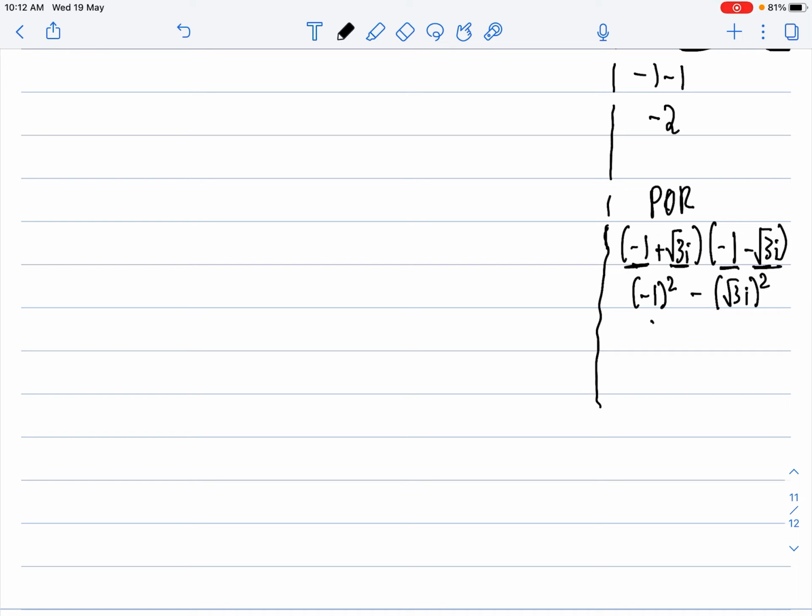So I can write this as 1 minus root 3i the whole square, which is 3 times i square, and i square is minus 1. So this is 1 plus 3, my bad, making silly mistakes. Minus 3 into minus 1 is positive 3, which gives me 4 as my product of roots.